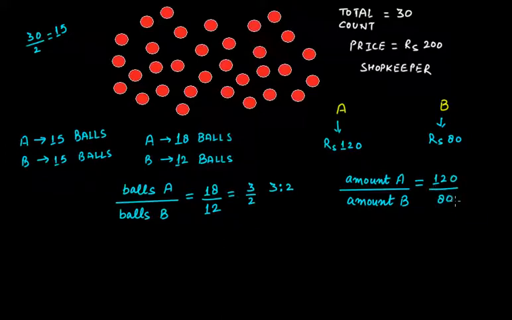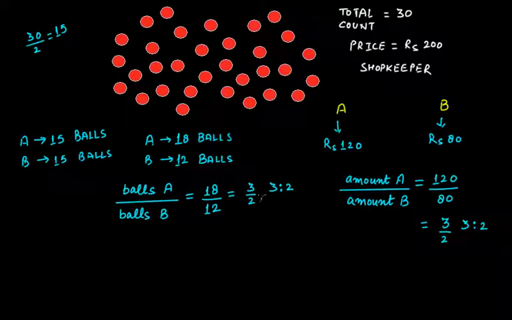Now, how will you solve this? The highest common factor of 120 and 80 will be 40. If you simplify it, you will get 3 to 2, that is 3:2.